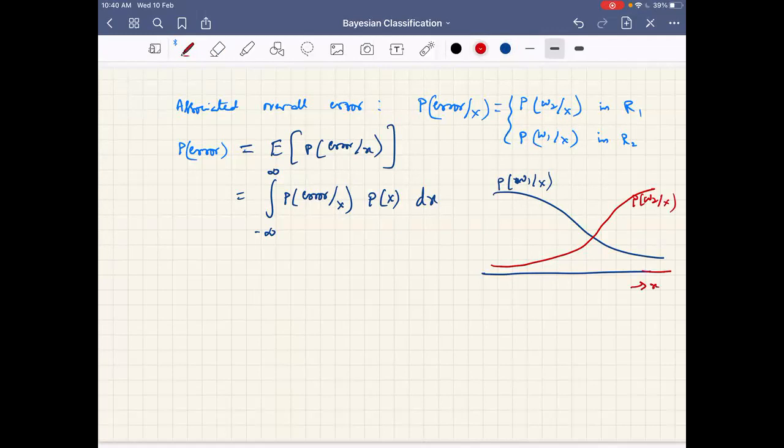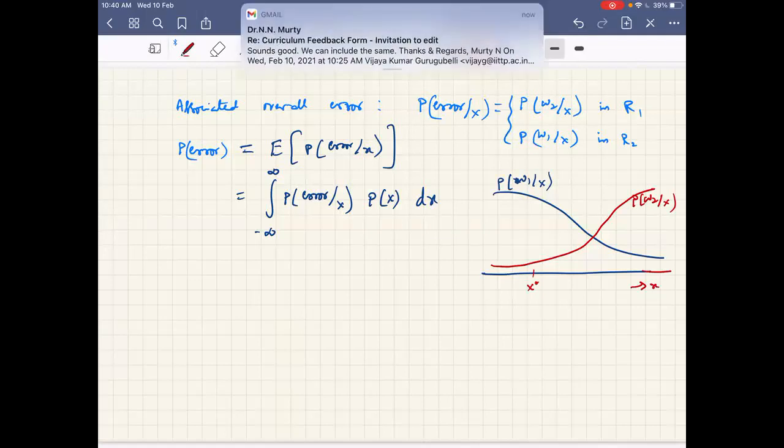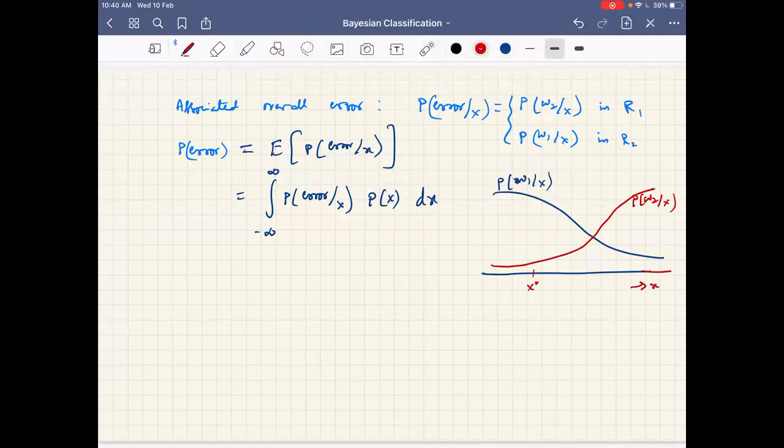If p of error given x can be quantified at a given x, then this x occurs. This particular measurement occurs how many times over the whole number of samples that we have? In other words, what is the probability of this x occurring compared to any other possible x values? That is quantified by p of x.